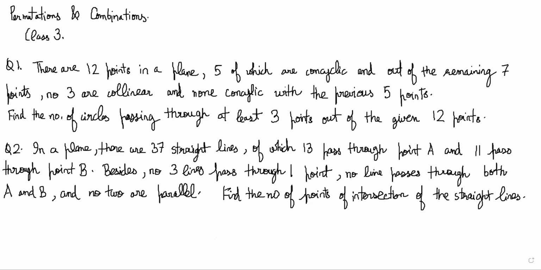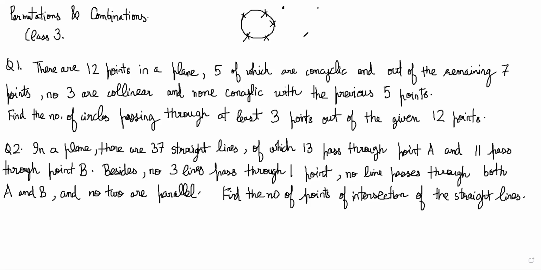Okay, so first question, are you guys thinking? Yes, sir, I'm trying. So basically, there are many points in the plane, five of which are concyclic. That means there is a circle and 5 points are on it, right? The seven remaining points are such that no three are collinear.